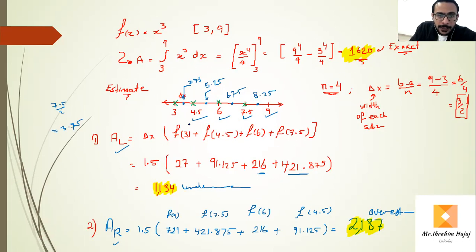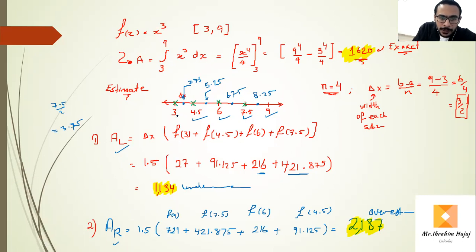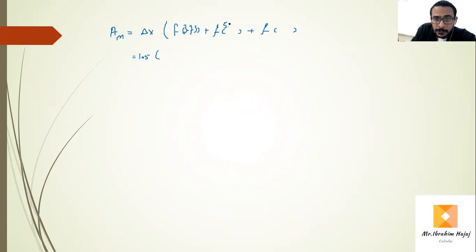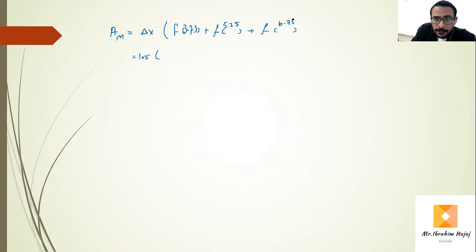Okay, now we work with these points. It's delta x, which is 1.5, the same constant each time, the width of the subinterval, times f of 3.75, then f of 5.25, then f of 6.75, and then the last one, f of 8.25. I have to calculate all this with a calculator when the function is x cubed or any other function.